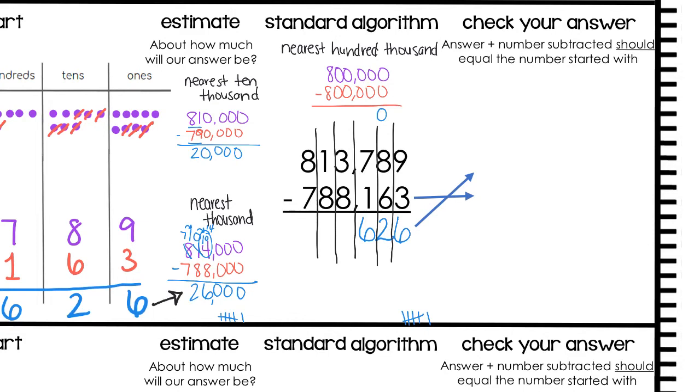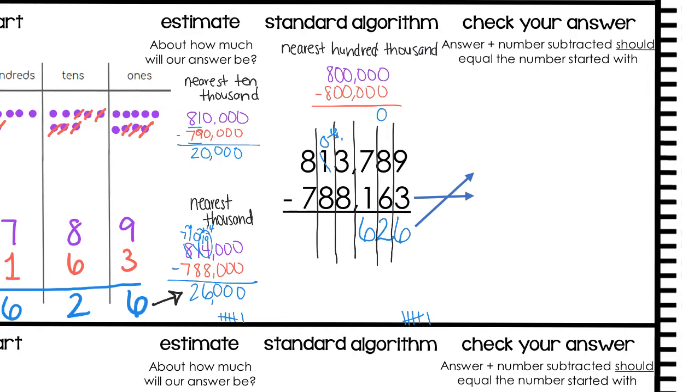So I cannot take 8 away from 3, so I have to come and borrow from my 10,000s. Now I have 0 10,000s, and I regroup 10 more. This is 10 more. So now I have 10, my 10 that I'm regrouping, plus 3.